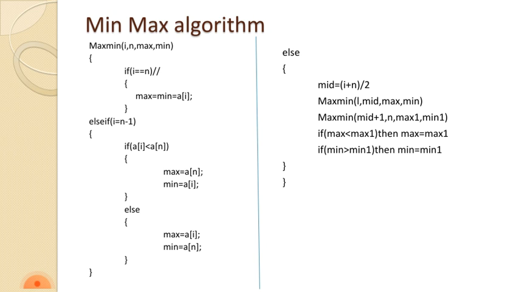If two numbers are there in the list, at that time we have to compare the first element with the second and identify which one is largest.